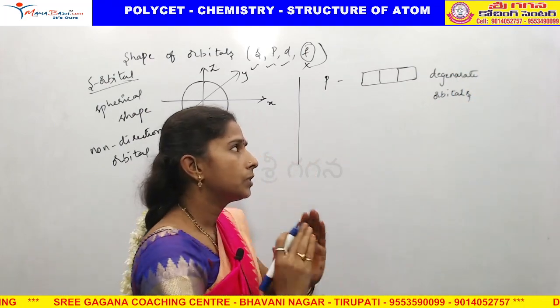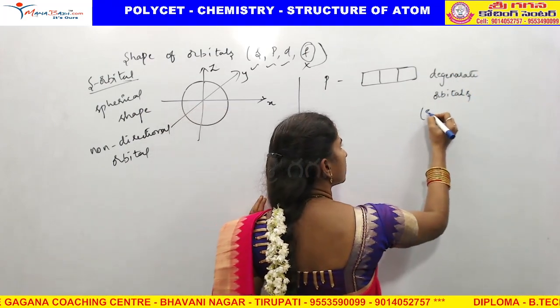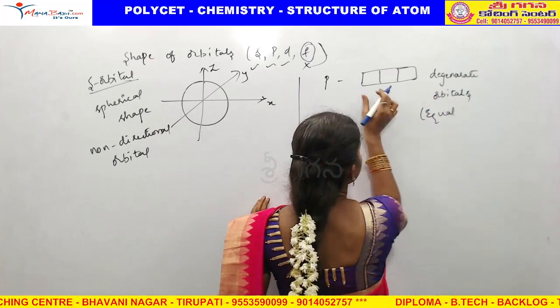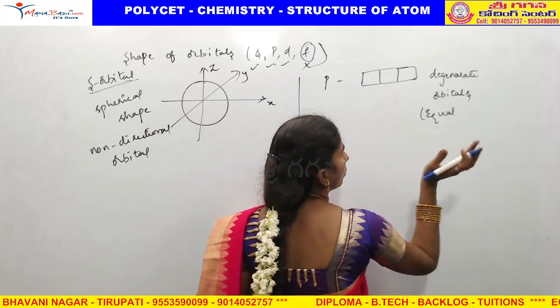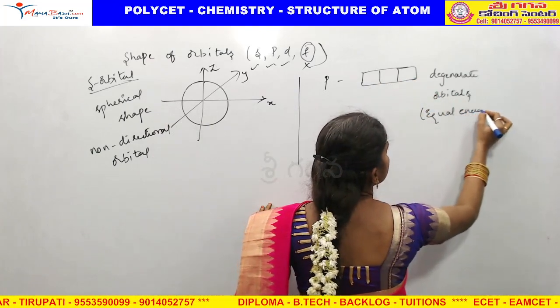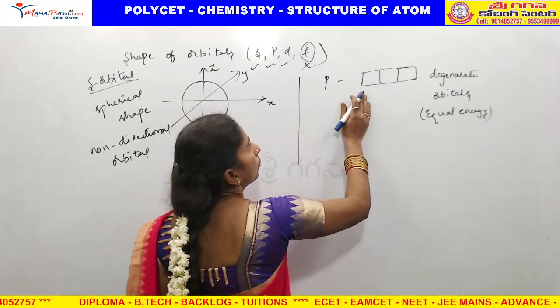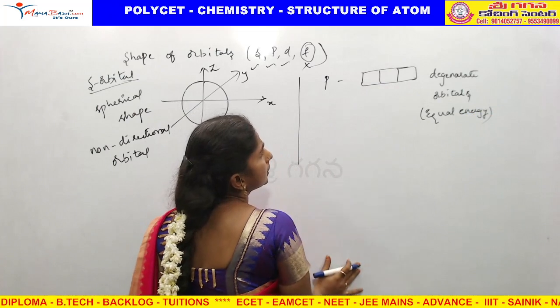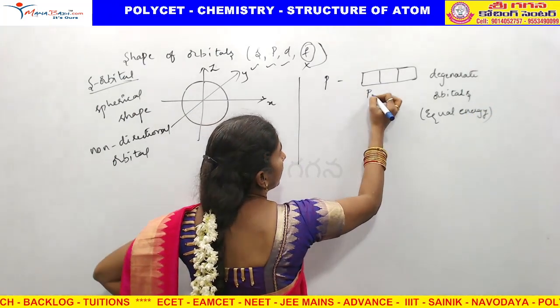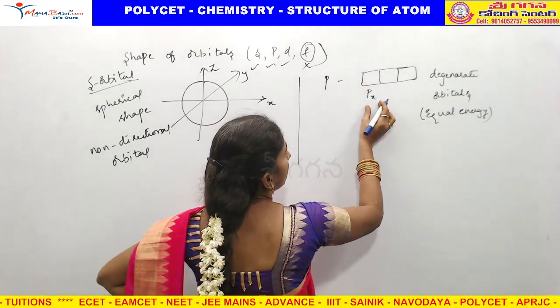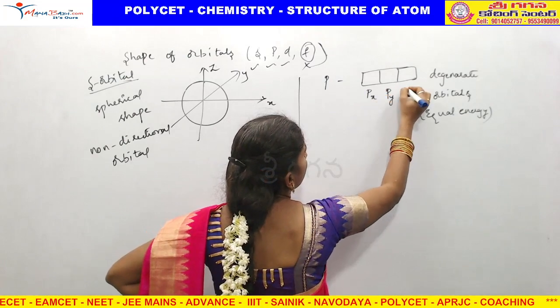Degenerate orbitals means they have equal energy. We should not say this one has more energy and this one has less energy. No, they are equal energy orbitals. To identify these degenerate orbitals, they are given the names px, py, pz.